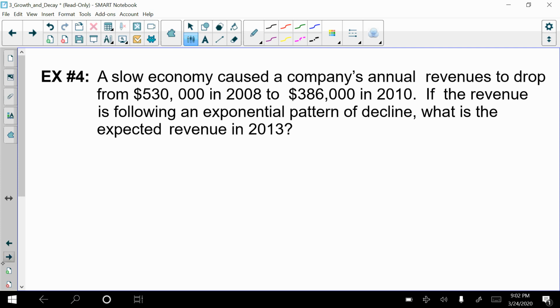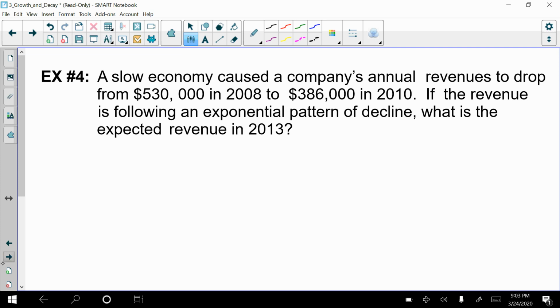So a slow economy caused a company's annual revenues to drop from $530,000 in 2008 to $386,000 in 2010. If the revenue is following an exponential pattern of decline, what is the expected revenue in 2013?